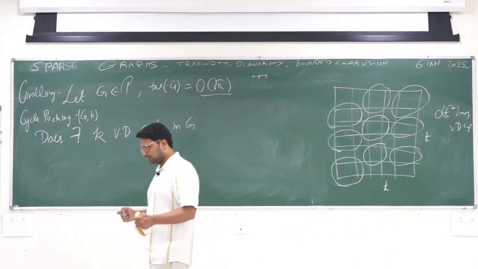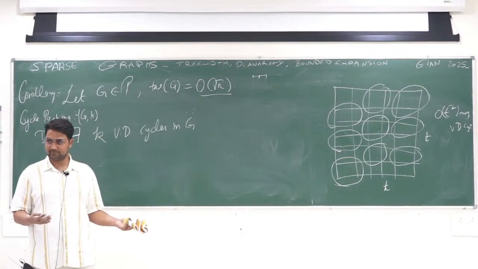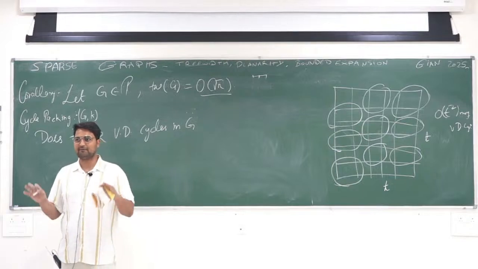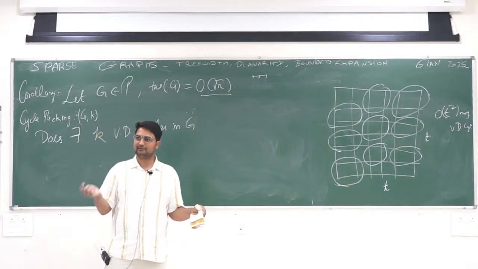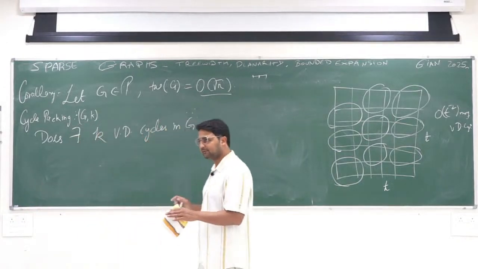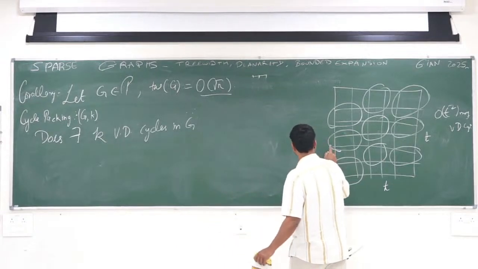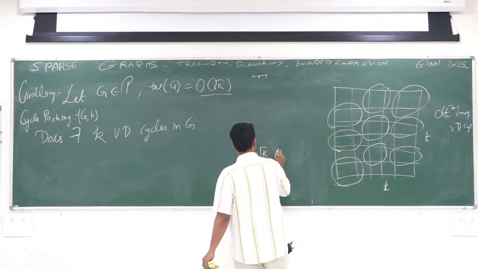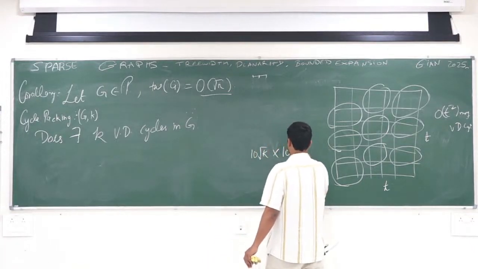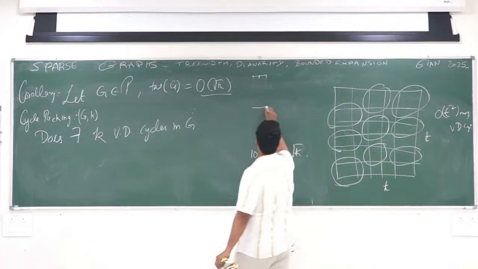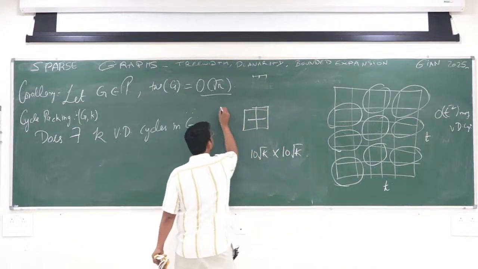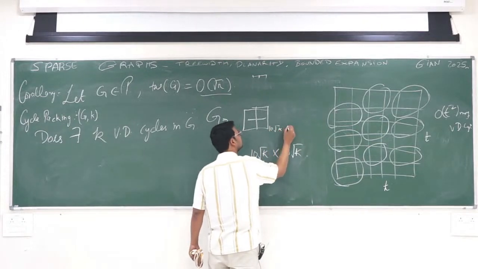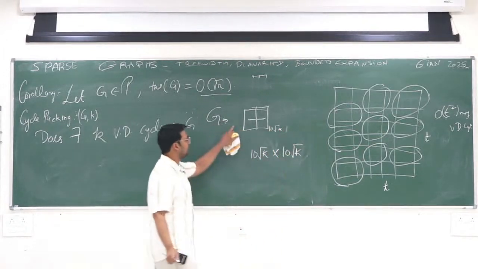Now, let's say you are given a graph G, planar or otherwise, but for now let's say we have a planar graph G, and this graph G admits a grid minor of size, let's say, 10 times square root of k into 10 times square root of k. So there is a grid minor; I have a graph G, and G contains this as a grid minor.